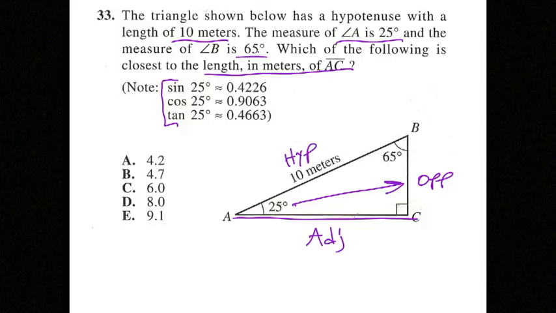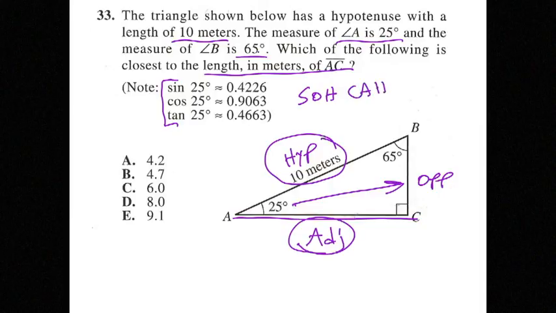Now, what did they give me? They gave me hypotenuse. What do they ask for? They've asked for adjacent. So out of my SOHCAHTOA, I am using cosine because it's using adjacent and hypotenuse.